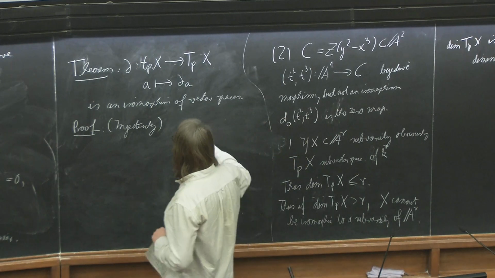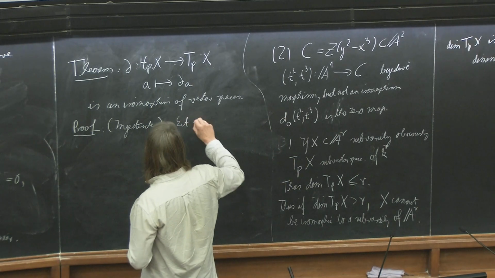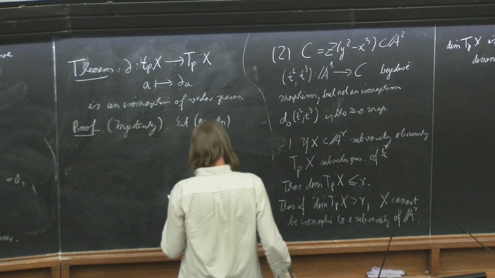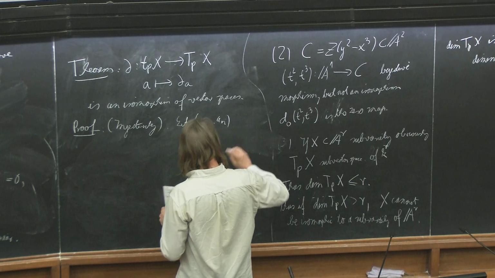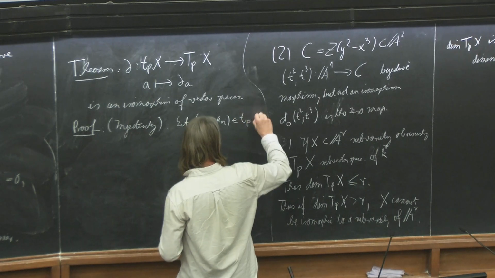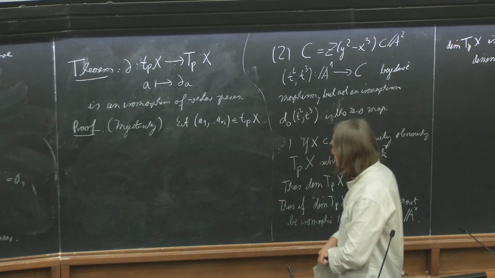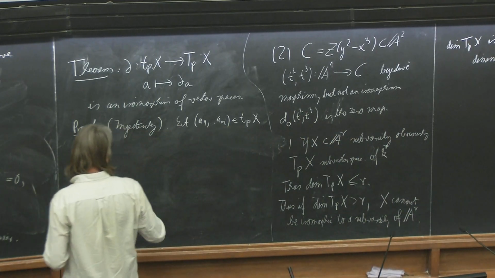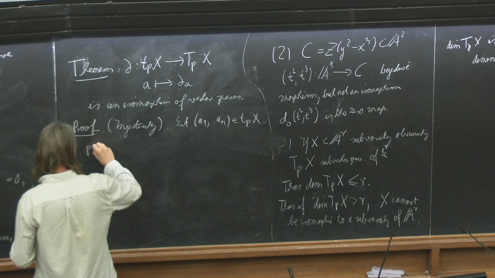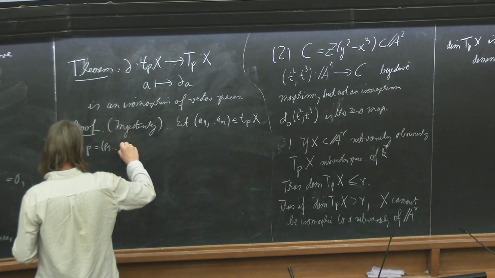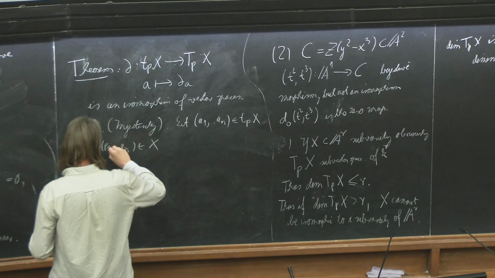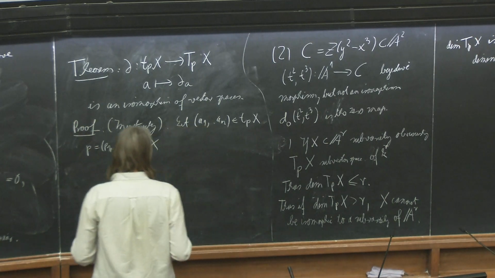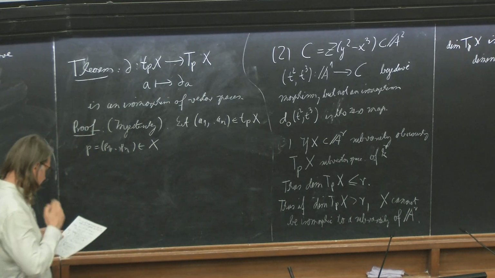Let's take any element in TPX, a tangent vector in the old sense, where P is a point in X. So now what happens if it's in the kernel?